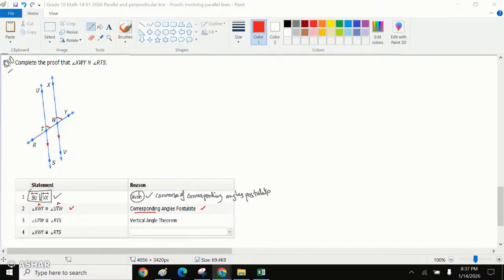Moving ahead to the next one, can we say that UTW, where is UTW, this given angle should be equal to RTS, R T S. We say vertical angles, or they're also known as vertically opposite angles.